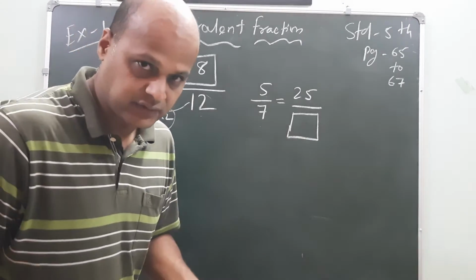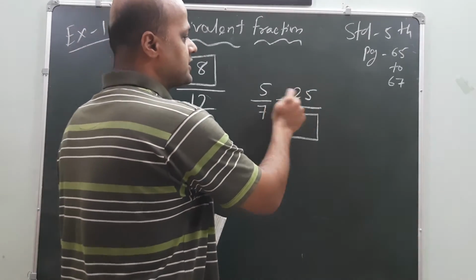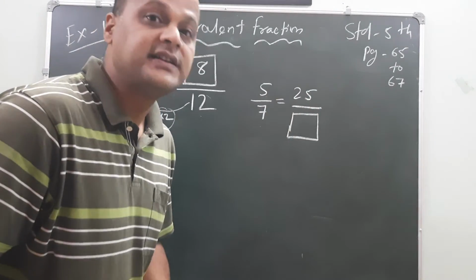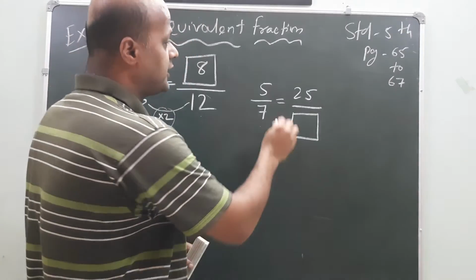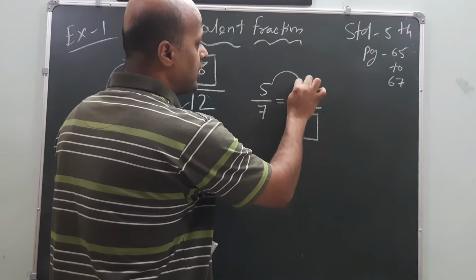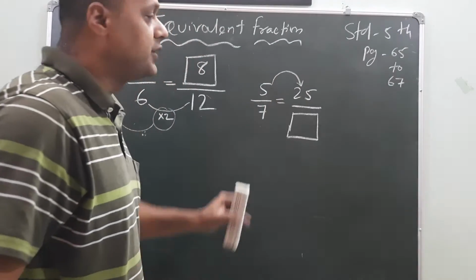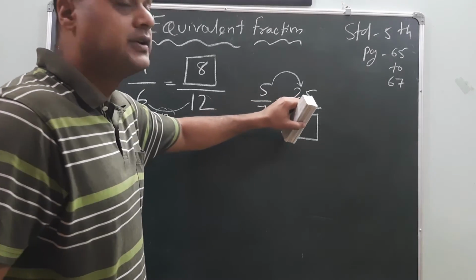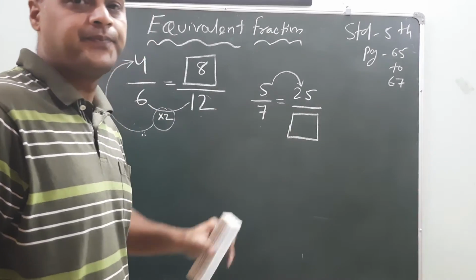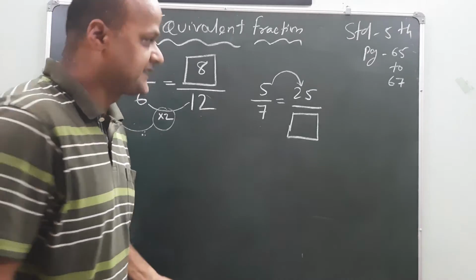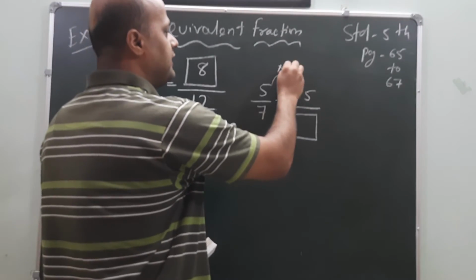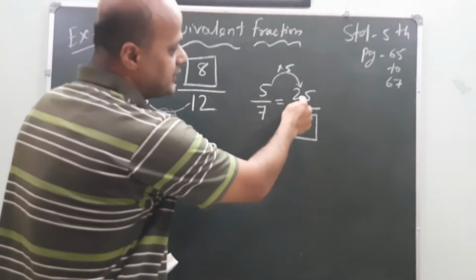You have to check that first. In both the fractions, numerators are given. What is the relation between the numerators? What should I do with the numerator 5 so that the result will be 25? Yes, I will multiply by 5, then the result is 25.